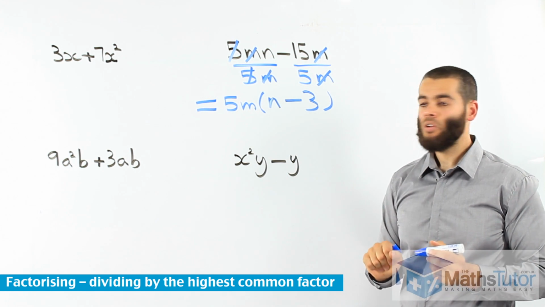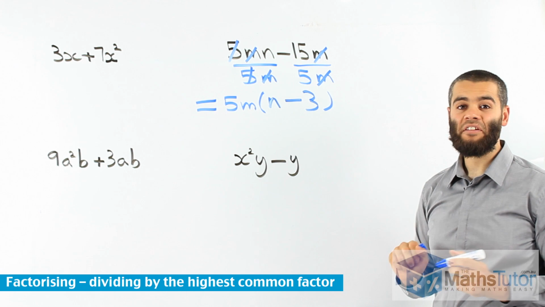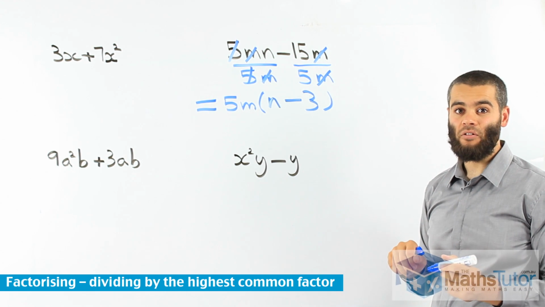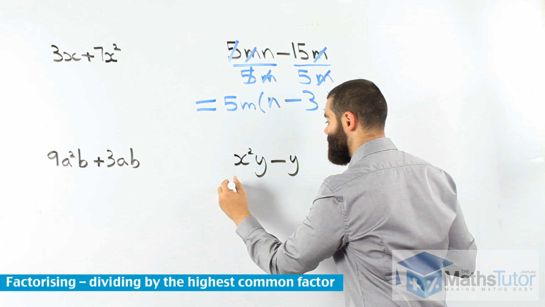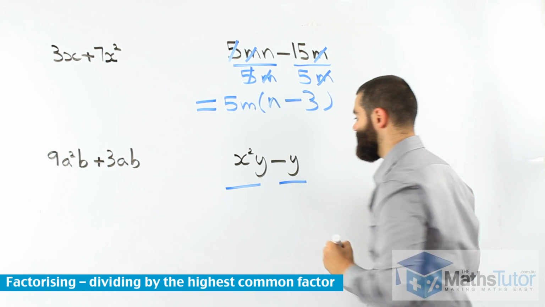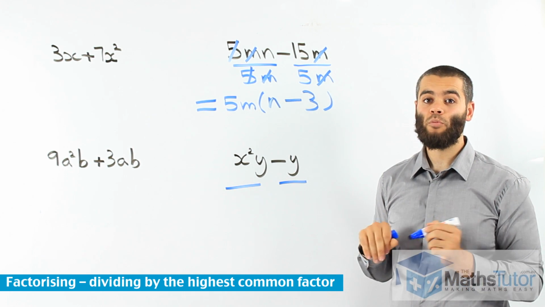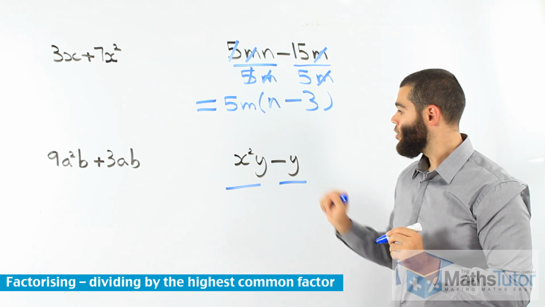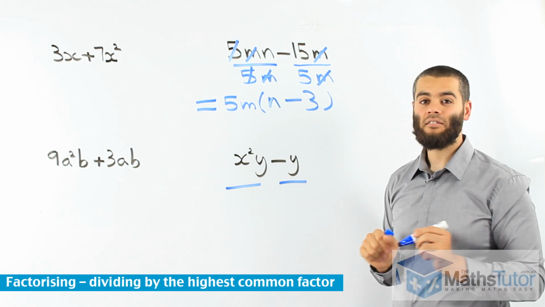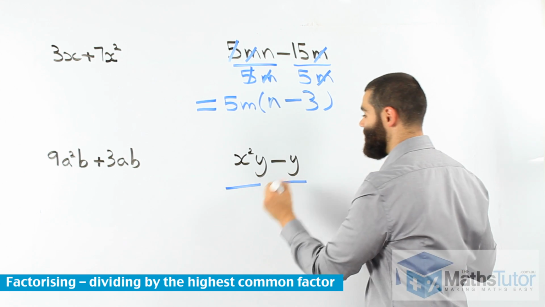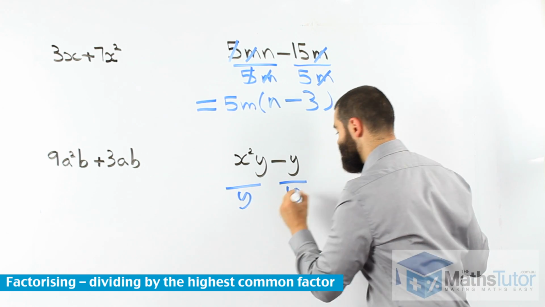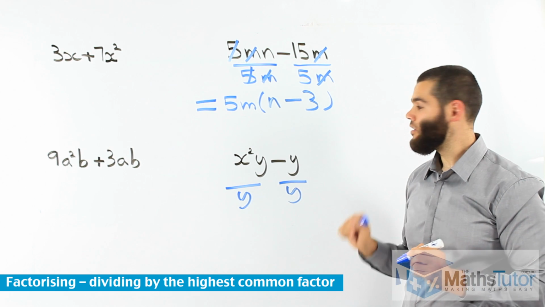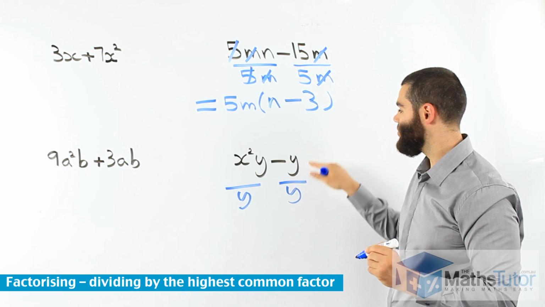Here we have x squared y minus y, and we're asked to factorize. We look for the highest common factor, and we said highest common factors can be pronumerals as well. So what can we see here and here? We can identify that y is the highest common factor. We can divide by y here and we can divide by y there.